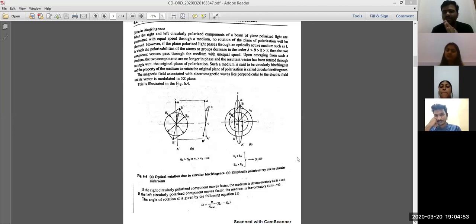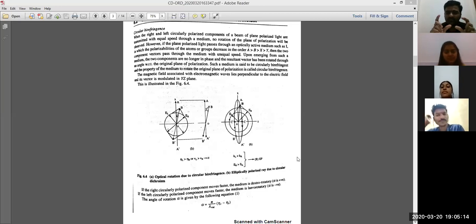And the reason why, what we are attributing that to, is a phenomenon called circular birefringence. The rate with which RCPL and LCPL are moving in the chiral environment is not the same. Not only that, there is one more chiroptical property. What is the second chiroptical property? Circular dichroism. What is circular dichroism?